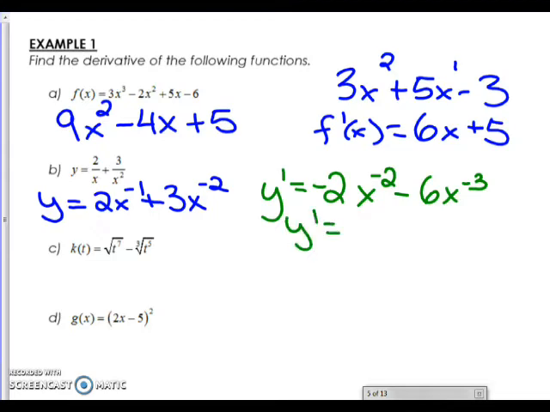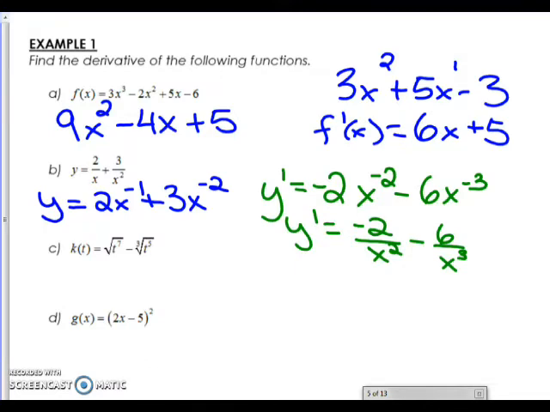So this could also be written as negative 2 over x squared minus 6 over x cubed. Either one of those answers is acceptable. So just be on the lookout. If you look at a multiple choice question and your first answer isn't there, go ahead and rewrite it.